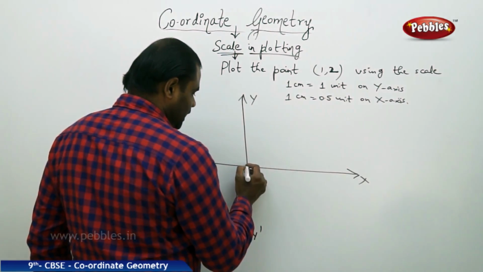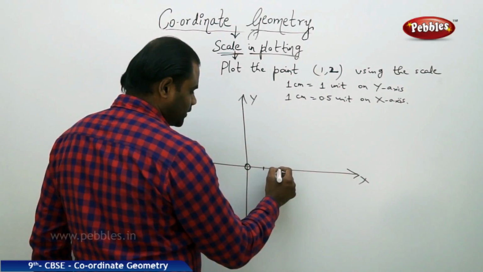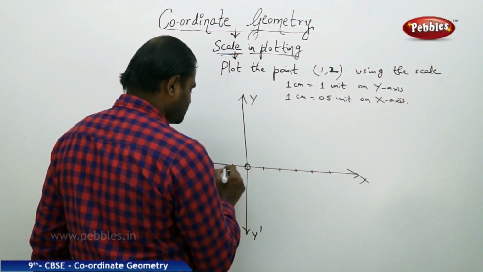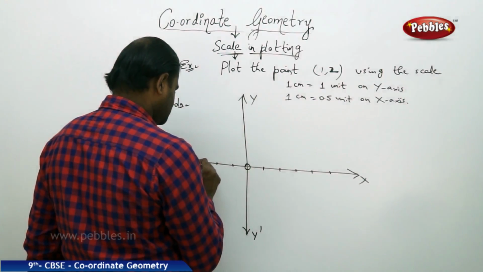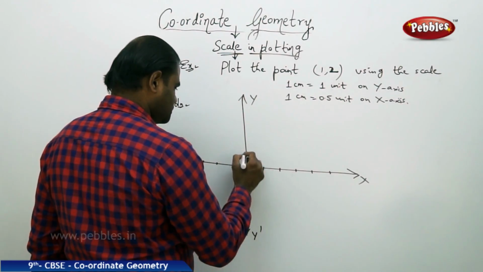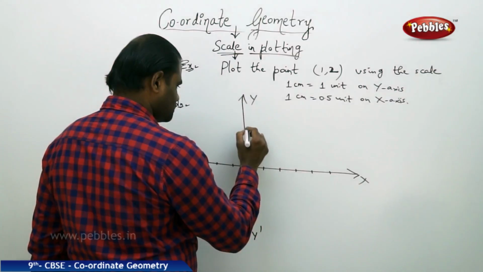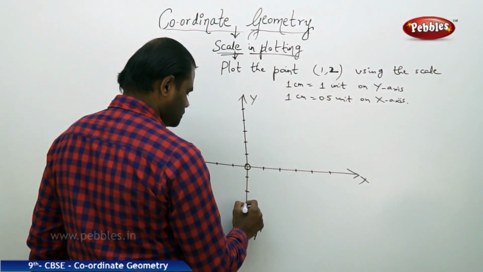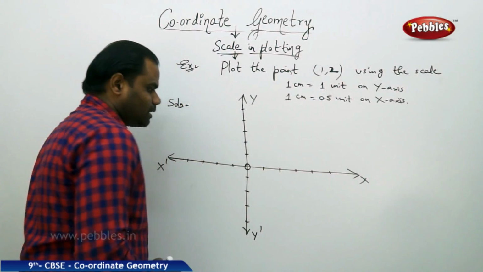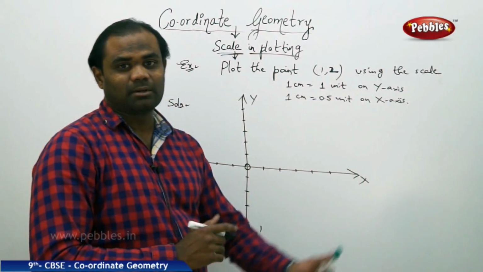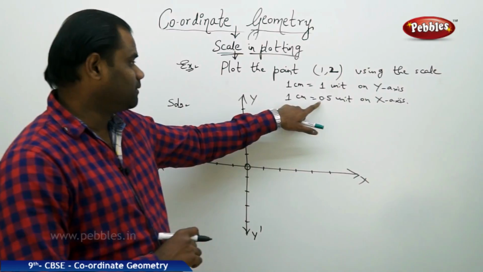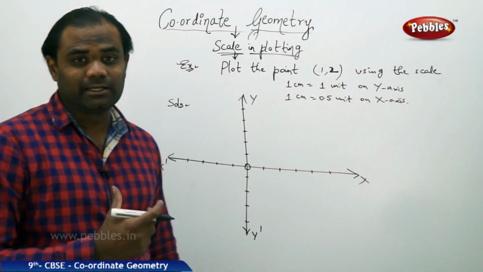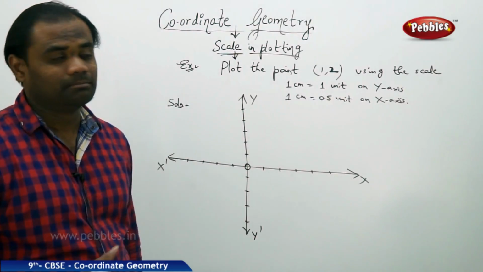So here I have my origin and these are the grids separated on the graph sheet. Now these 1 centimeter grids are to be taken as 0.5 units on x-axis, as clearly referred to in the problem.